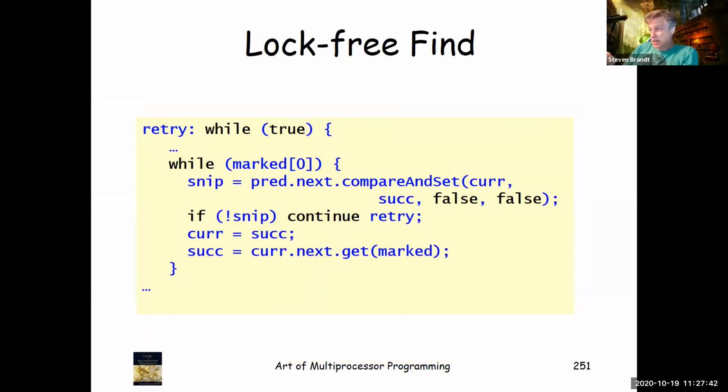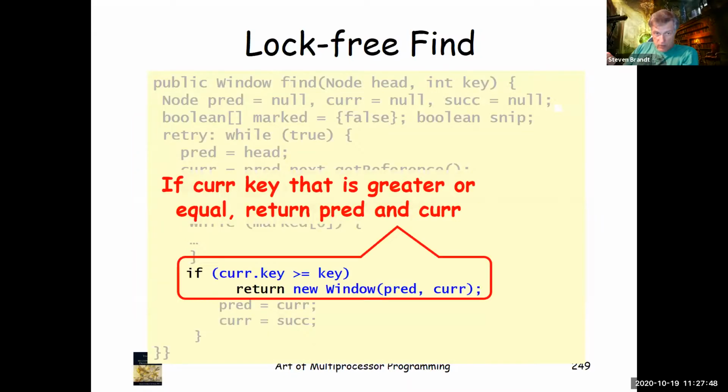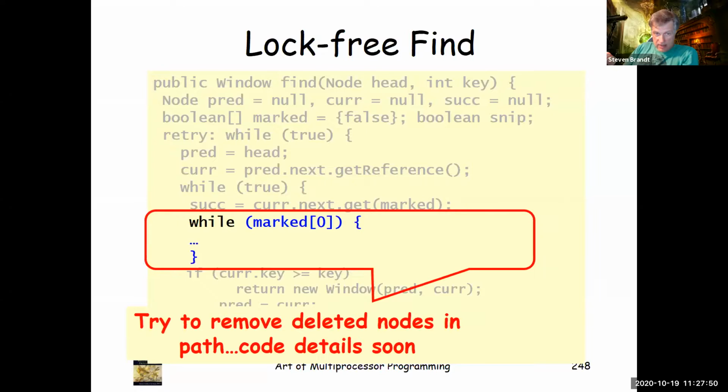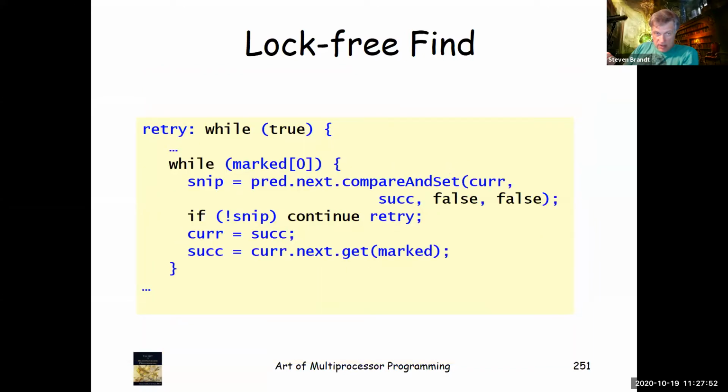Okay, so here is the part that we snipped out, right? So we had that while marked. We have the predecessor.next compareAndSet from current to successor, false, false.